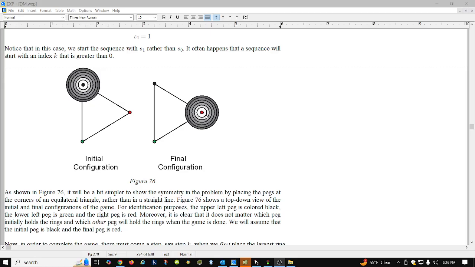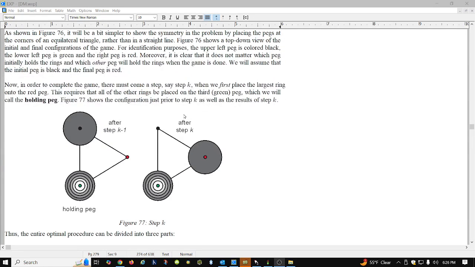And at that point, the red peg will be empty, and we'll put the largest ring on it. Okay. So after step k-1 is completed, we have this configuration. All of the other rings have to be on, let's call it the holding peg, the green peg, in order to clear the largest ring so we can move it over to the red peg at step k.